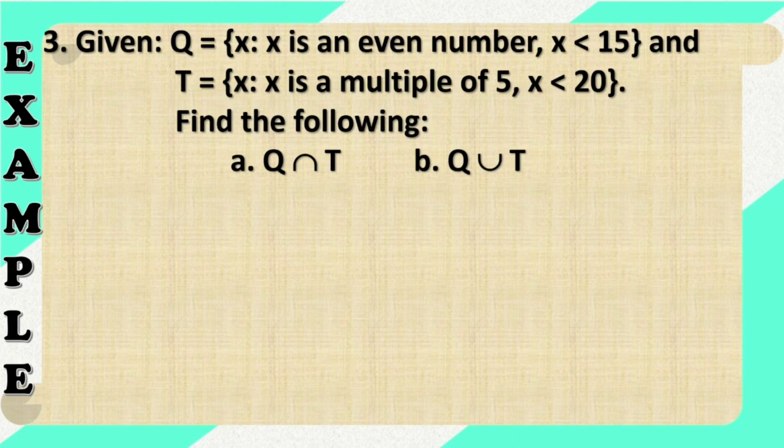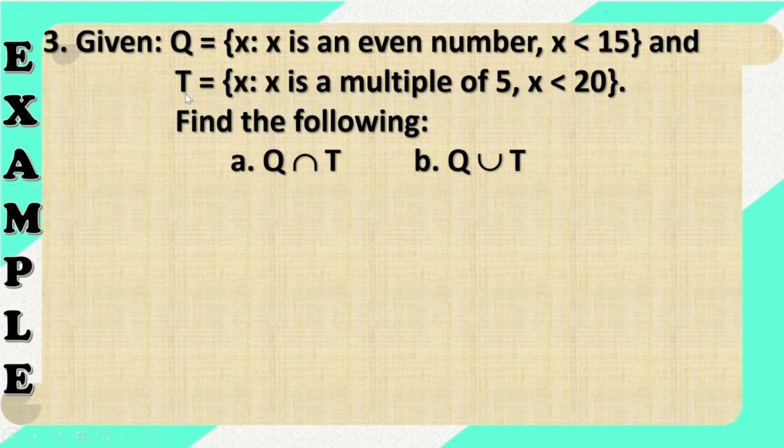Example number 3. Given: set Q is the set of all elements x, such that x is an even number. x must be an even number less than 15.